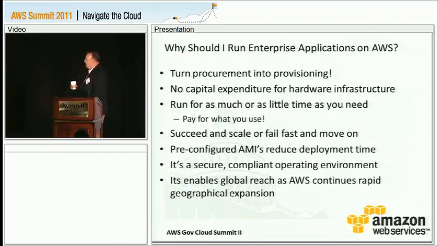It's a secure environment. Hopefully you learned a bit about that today in the security presentation as well, in terms of the operating environment and how we divide things up. And it enables global reach. So with AWS, I think you really have to look at the cloud and not just think about where we are today, but where we're going to be a year from now or 10 years from now. And if you look at the global expansion that we have, I think it's really compelling for a lot of the agencies that have a global footprint.